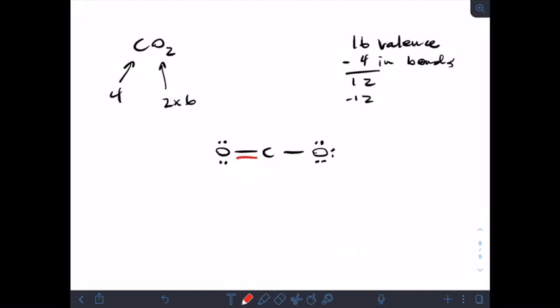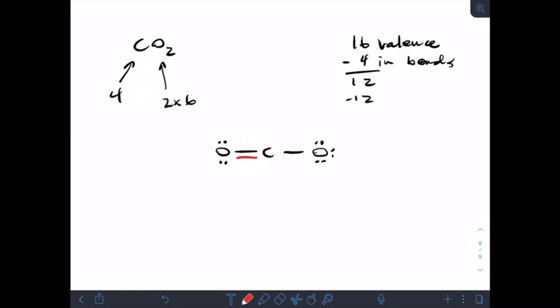Right? So now let's check the octets. Right now that oxygen still has access to 8 electrons, 2 lone pairs and 2 bonding pairs. This oxygen still has access to 8, and carbon has access to 6. Right?